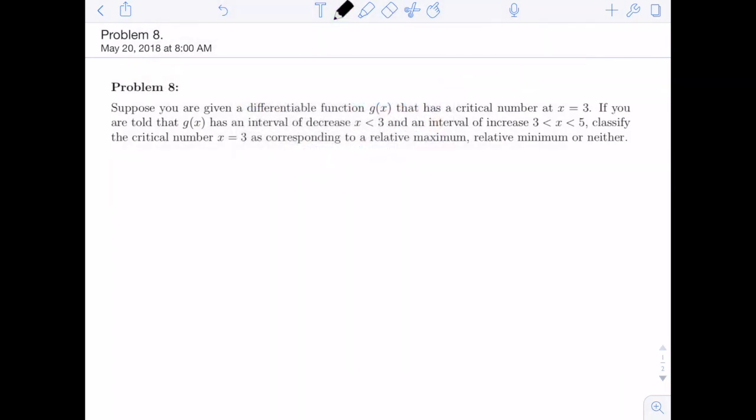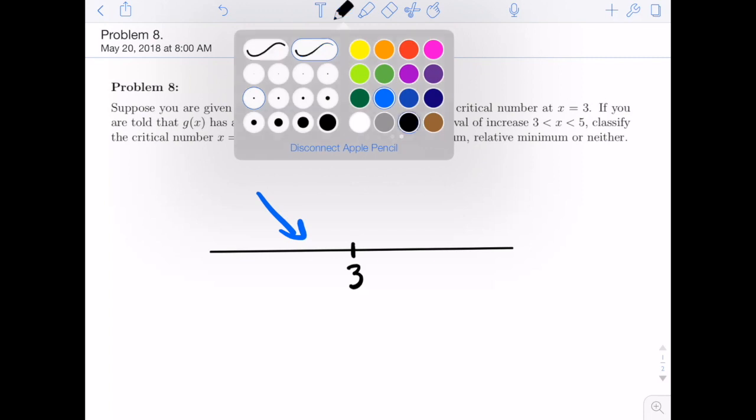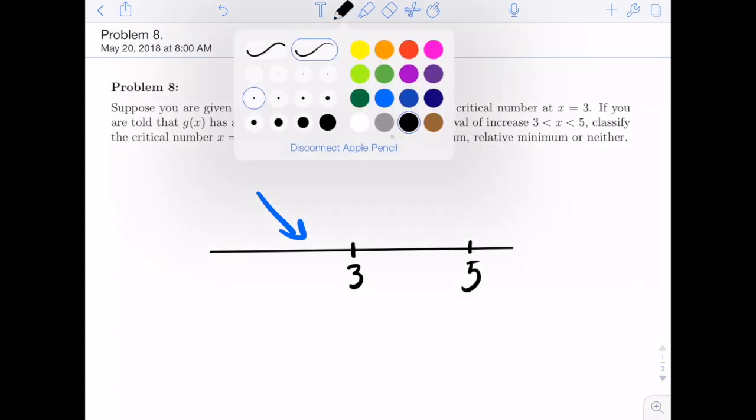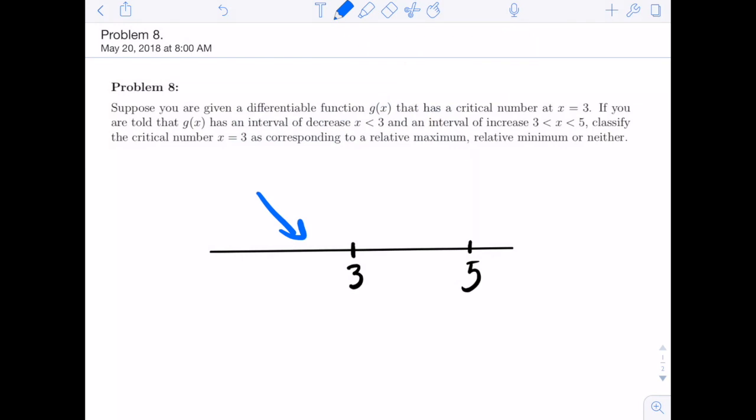So the main critical point that we're interested in, the critical number, is x equals 3, right? So when we draw this on the number line, here's 3, we know that the function is decreasing to the left, right? And I'll put 5 in here just to make it so that it fully answers the question here. To the left of 3, we're decreasing, but then in the interval 3 to 5, we're increasing, right?